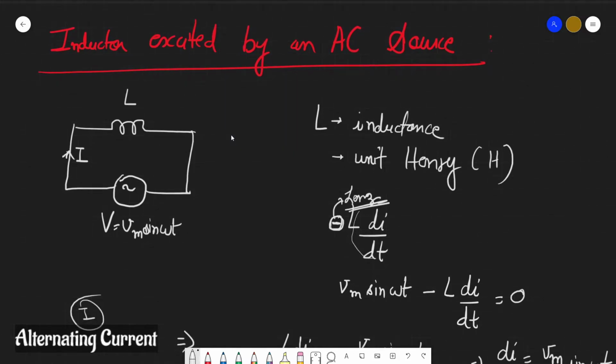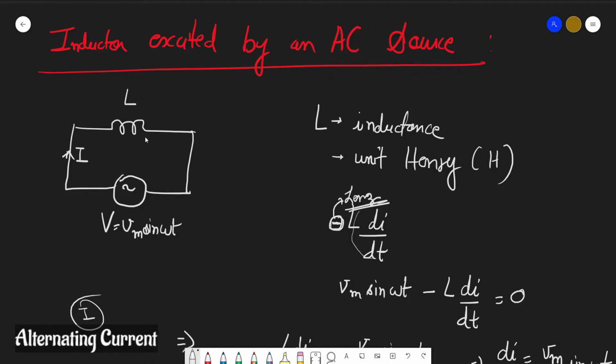Suppose this excitation was not applied. At that time, if there was any current or energy stored in this inductor, also known as the initial current, the initial current in this inductor is represented by that constant. Before you applied this voltage, was any current flowing through this L or not?